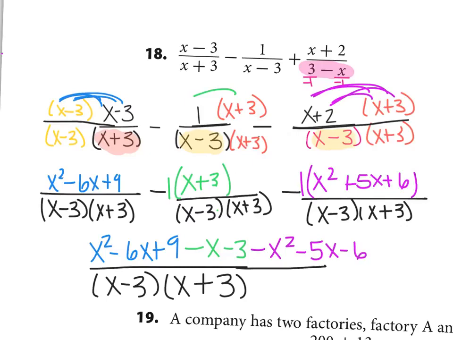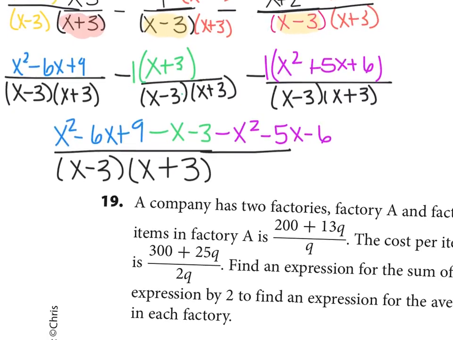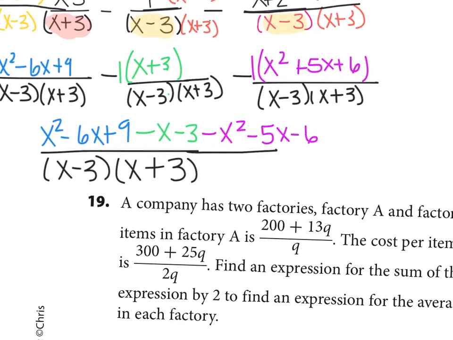Yeah, that's long, but there's a lot of stuff that can be simplified, a lot of like terms that can be condensed together. Starting with the x squared, I have x squared minus x squared, and those are going to cancel each other out. Then we have negative 6x minus x minus 5x, that's going to be negative 12x.